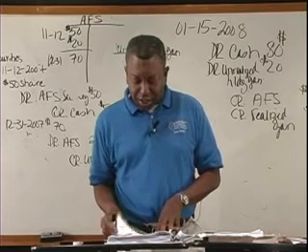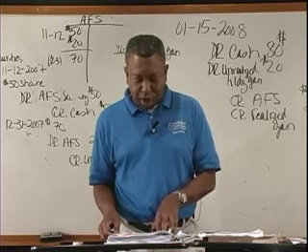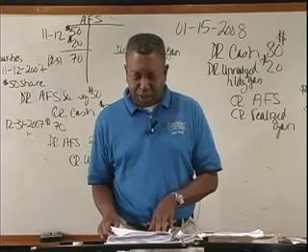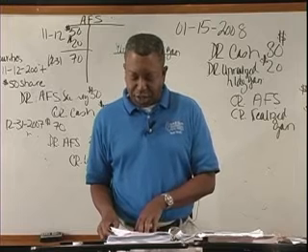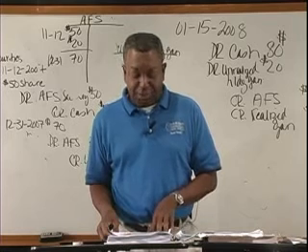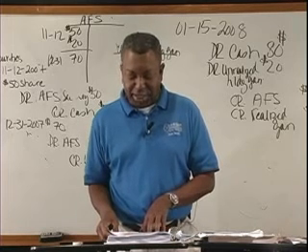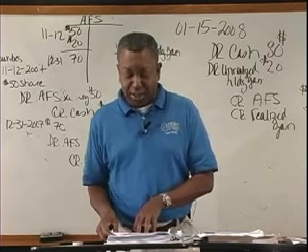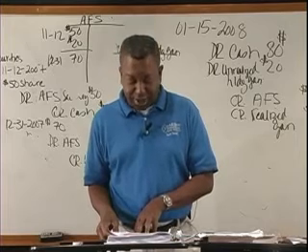Okay? So, number one, C1, cost adjusted for fair value. The cost adjusted for fair value and the equity methods differ in the treatment of the investment account and in the recognition of earnings from the investment.